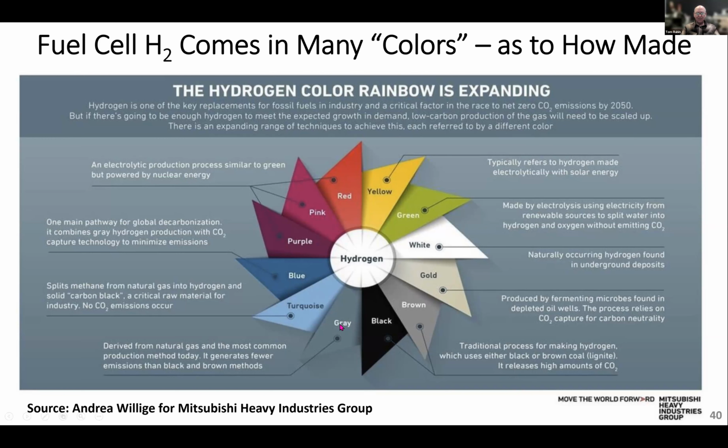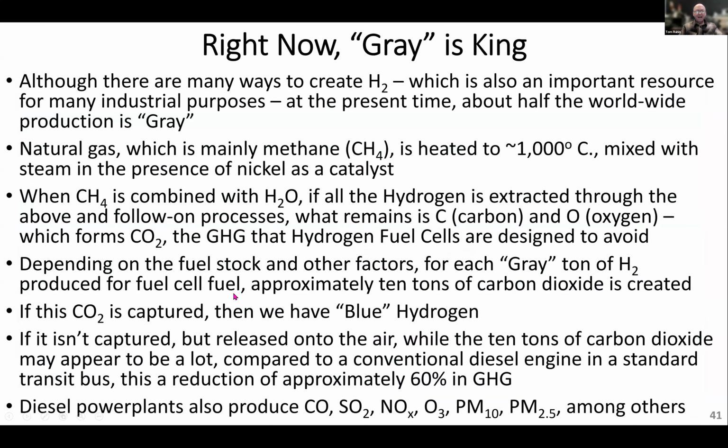The most common one today is gray. And that's about half. And that's made by taking methane, which is the main component of natural gas, and water. You superheat it, and in the presence of a catalyst, the CH4 and the H2O, the atoms separate.